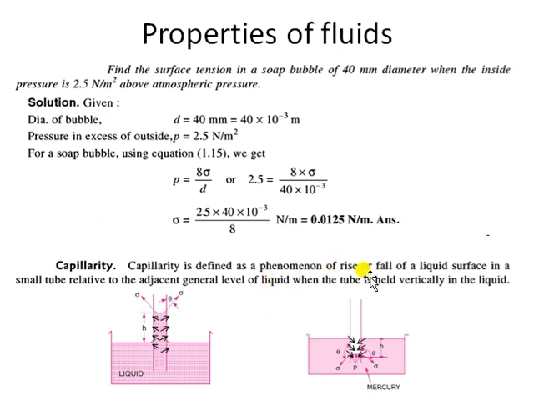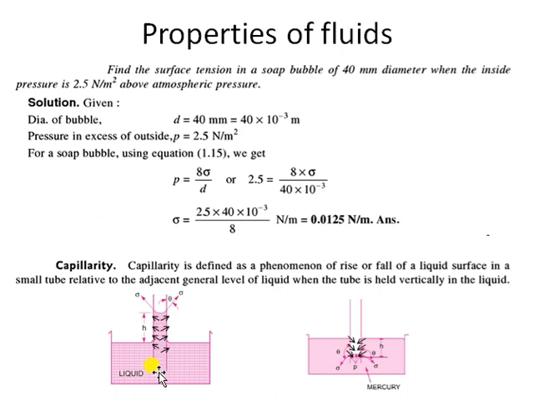So it is the phenomenon where the liquid may rise or fall in a very small tube, with reference to the general level of the liquid. That rise or fall happens vertically. Like in this case, you can see both figures are given.